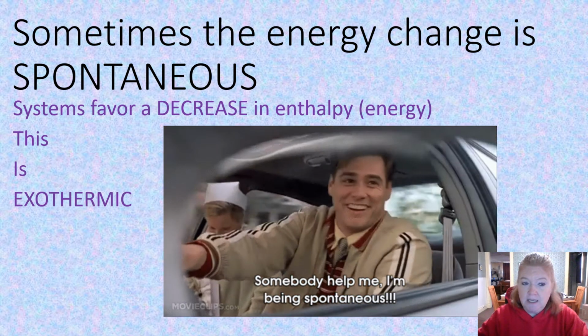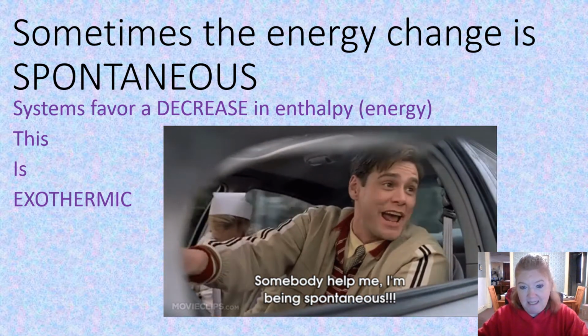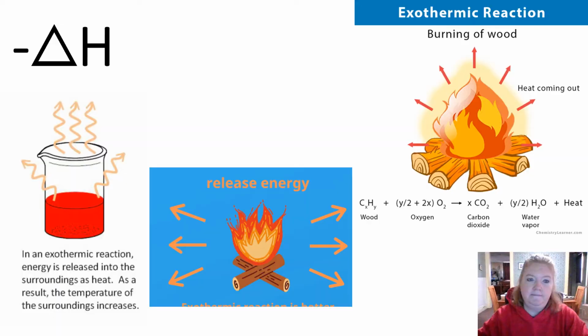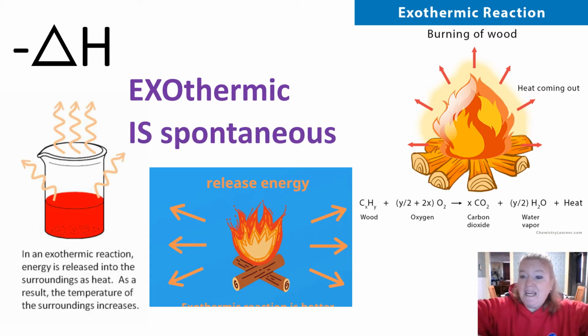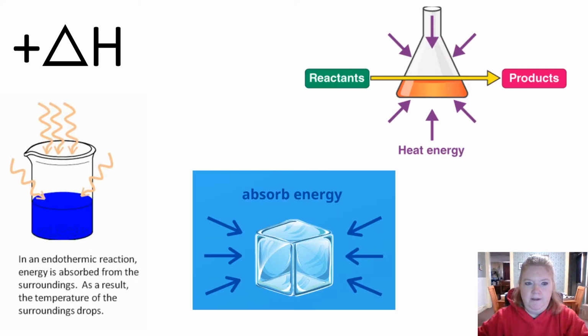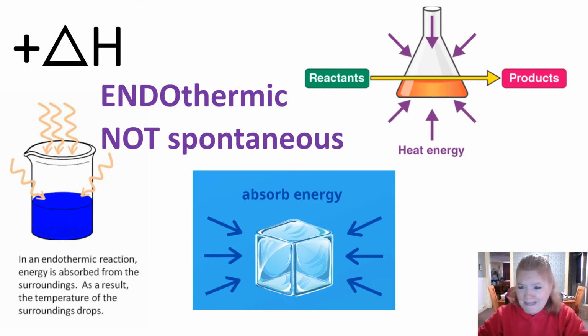This is exothermic. So exothermic changes are spontaneous. Exothermic means it has a negative delta H. Energy is leaving. It is spontaneous. Spontaneous, exothermic, negative delta H. If it is a positive delta H, it is endothermic, and it is not spontaneous.